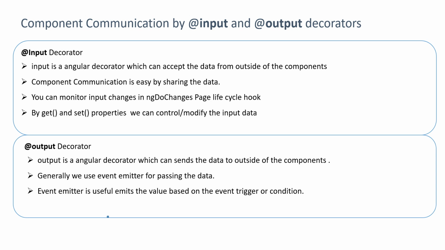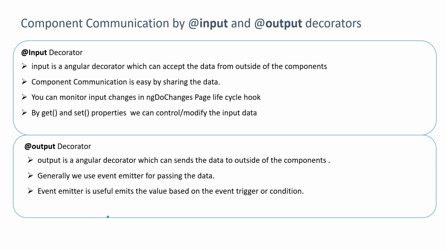The difference between input and output decorators is that the input decorator accepts data, while the output decorator passes the data to the outside of the component. The input decorator can accept the data from another component.